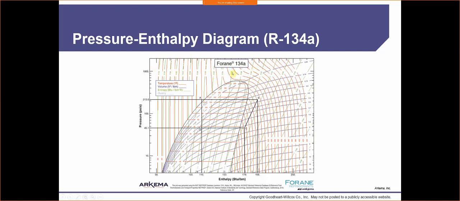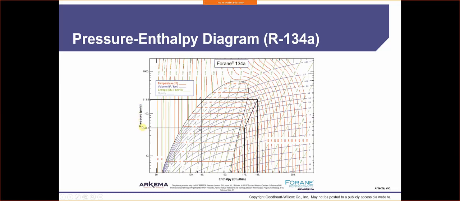All right, so where are we at here? We've got this enthalpy chart, and so we try to follow the pressures and the temperatures to meet at a certain point based on our conditions.